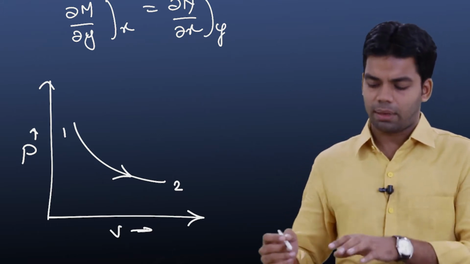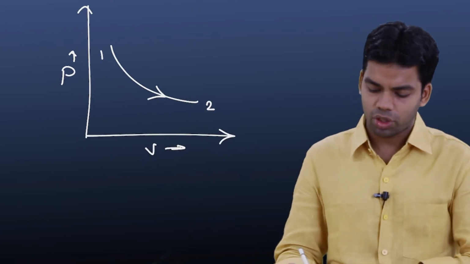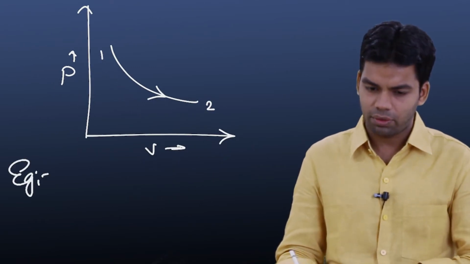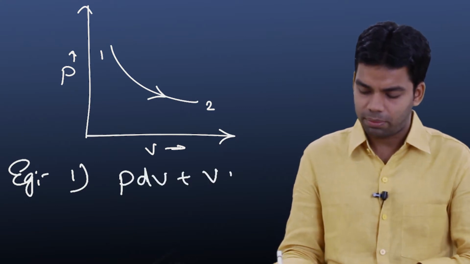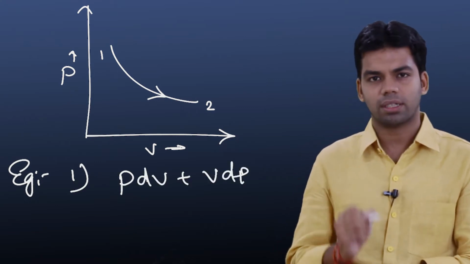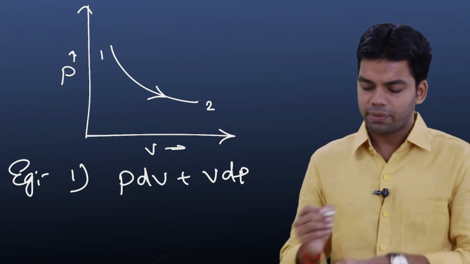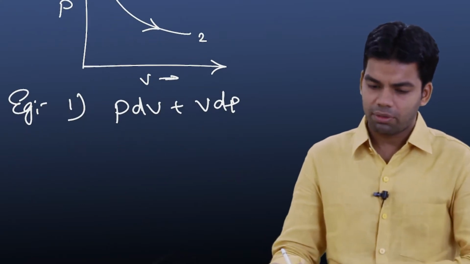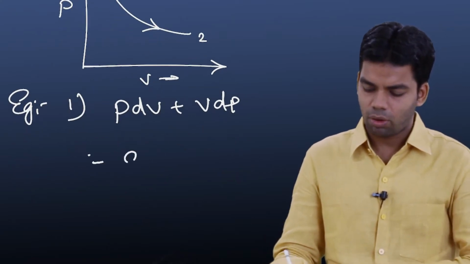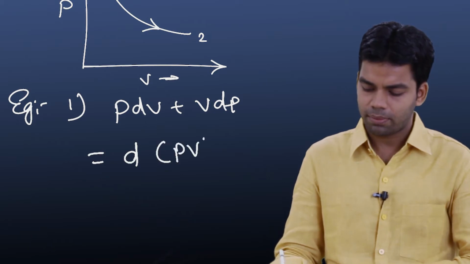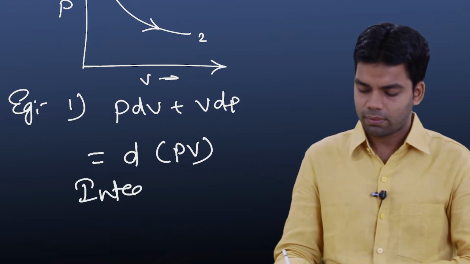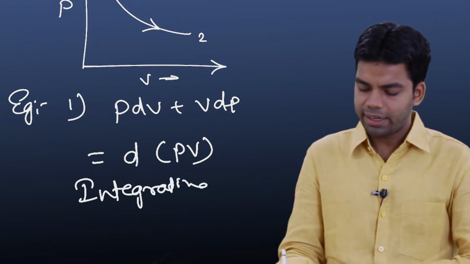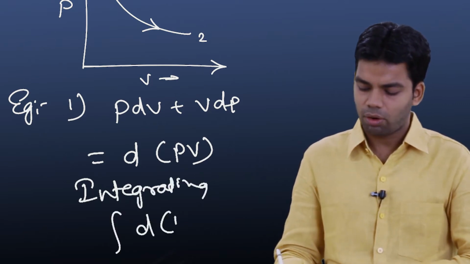I will give you one example. Just understand this example and you will understand this thing. Let's suppose we have a function p dv plus v dp. We have to check whether this is a point function or not. So how can we check? We can write p dv plus v dp as d of pv. Now if I want to integrate it, I can directly integrate d of pv.